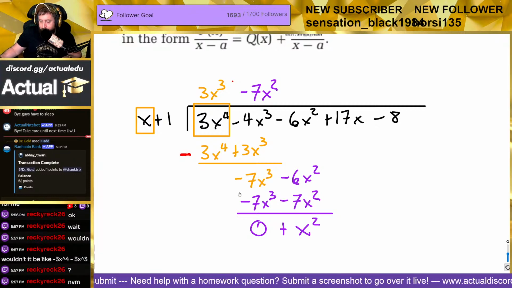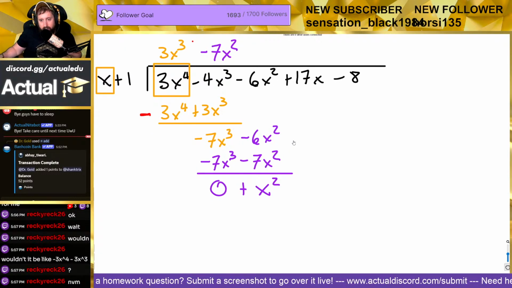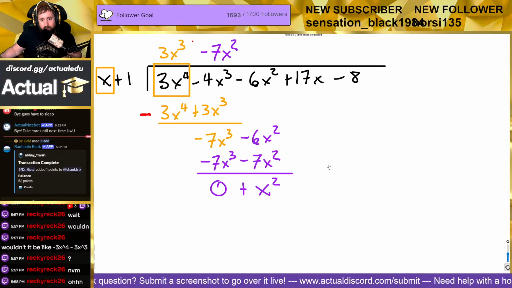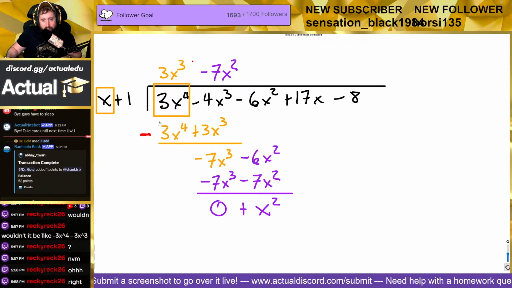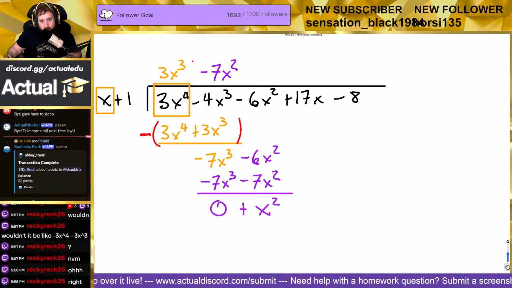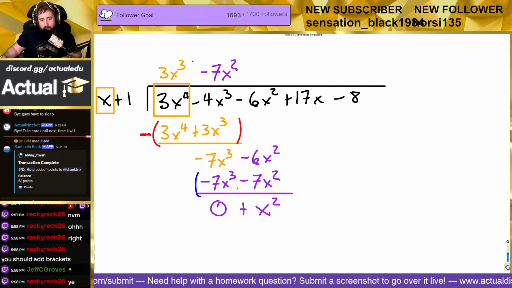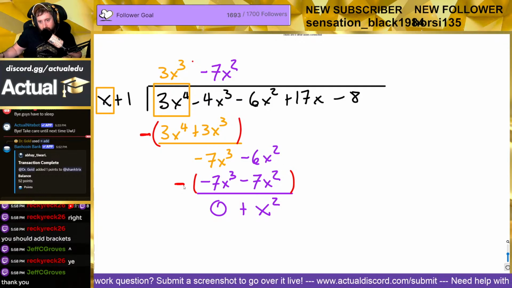That's the key part here. You're subtracting the whole thing from this. You want me to add the brackets? I'll add the brackets. That's cool, man. Let's do it. They don't usually do that in class, but I'll add them for you. That's a good idea.